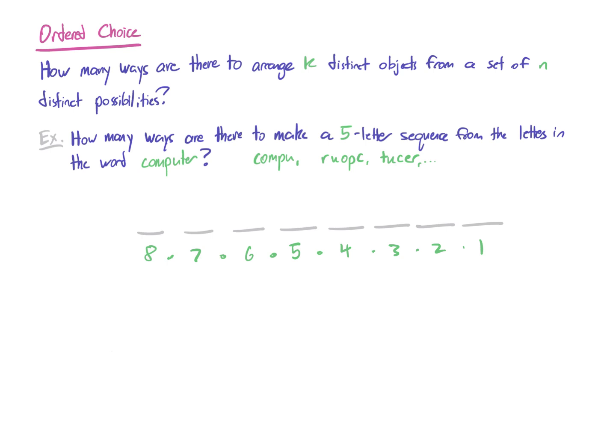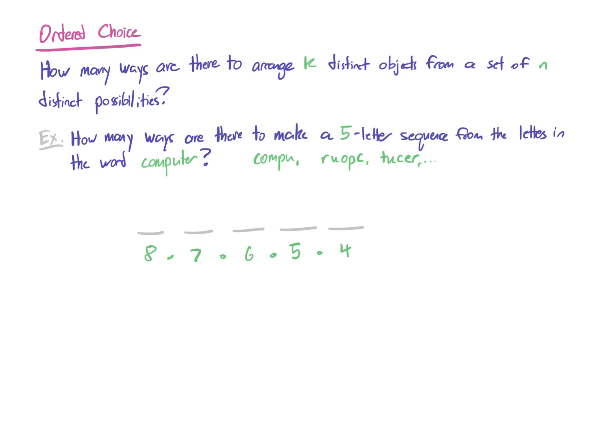I'm only taking 5. And so that means, really, these last choices don't exist for me. I'm not going to get the opportunity to fill in those last 3 blanks. Those are kind of dead to me. And so the blanks I'm going to get to fill in are the ones where I have 8 choices, then 7 choices, then 6, then 5, and 4.